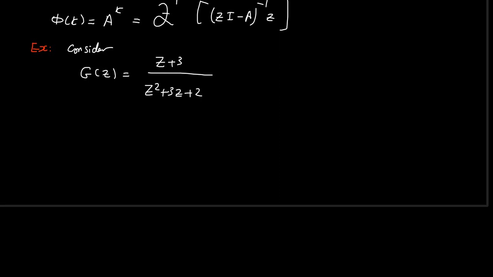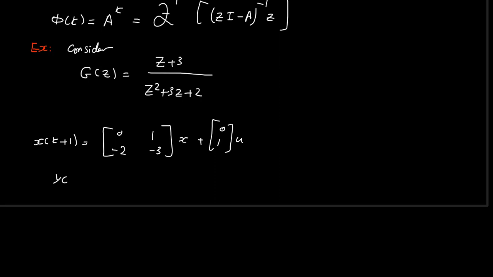So if I'm using the direct programming, X of k plus 1 will equal a 2 by 2 matrix, 0 and 1 here. Here I'm having the X plus 0 and 1 for the U. Now here I need the coefficient of Z to the power 0 inverting the sign, so minus 2. Here I will put the coefficient of Z to the power 1 with the sign inverted, so minus 3.